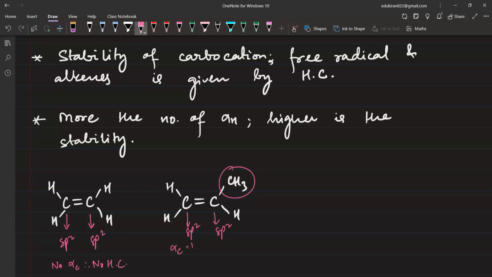So alpha carbon is equal to 1 and alpha hydrogen is equal to 3. Now, if you have two CH3s, for example, CH3, single bond CH, double bond CH, single bond CH3, both these carbon atoms are alpha carbons, and the number of alpha hydrogens will be equal to 6.